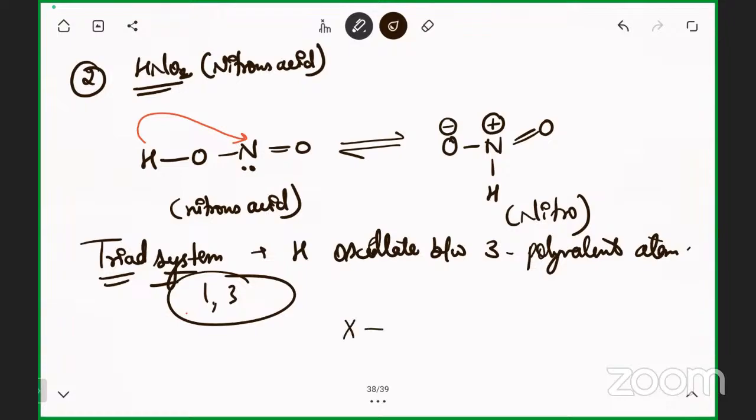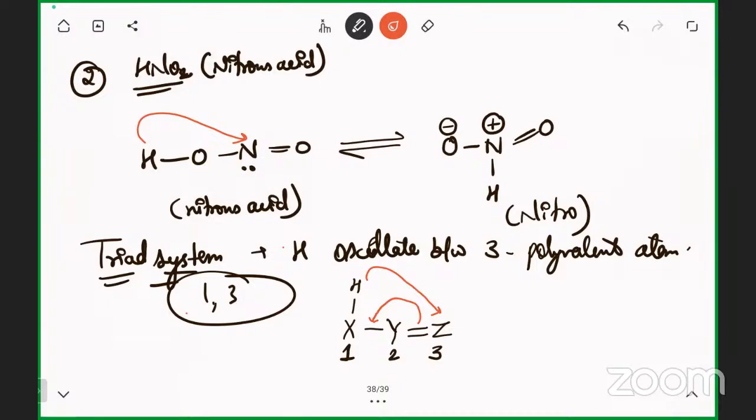For example, I have X bonded with Y, double bond with Z, and X is having a hydrogen atom. Now we have to transfer it. See, this is the first position, this is the second position, this is the third position. 1-3 migration, triad system, not to the second one. This hydrogen will migrate to the third atom, and the double bond will shift from this side to this side.